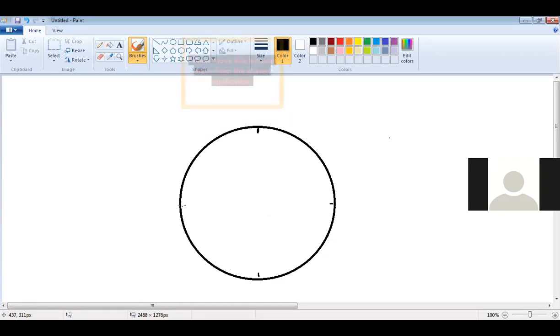So I have to write 12 numbers. Let me draw the 12 numbers here.